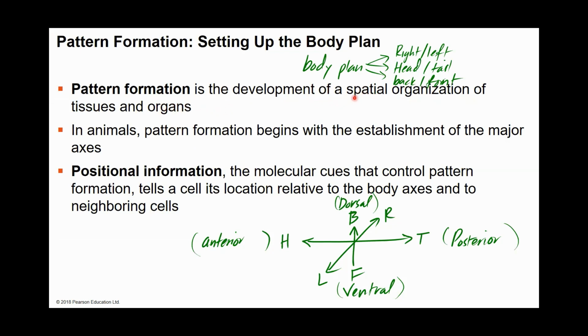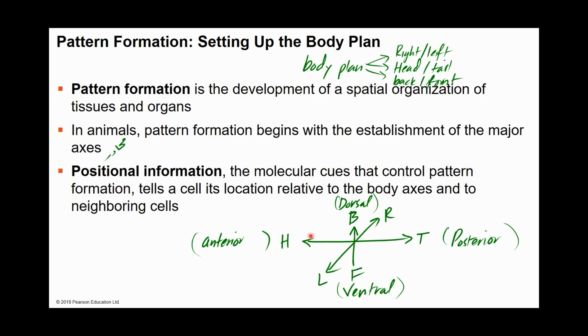Spatial means 3D organization, where tissues and organs will be located within the body plan. This process is called pattern formation. And you have to understand, pattern formation begins with the establishment of the major axes of the body. These axes, محاور. Axis means محاور.